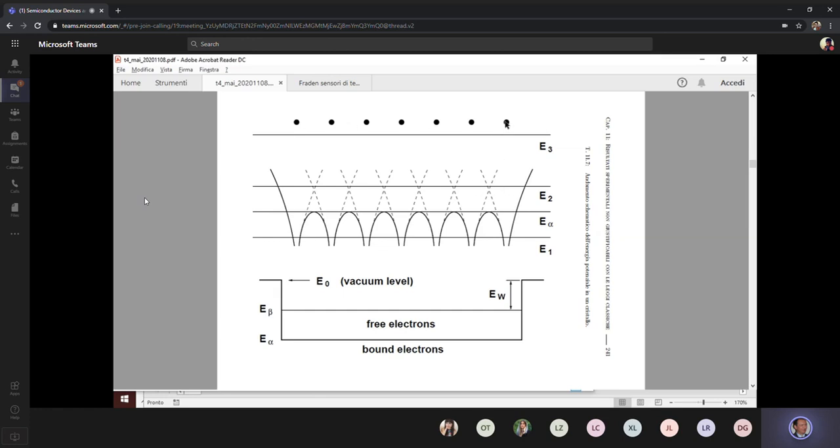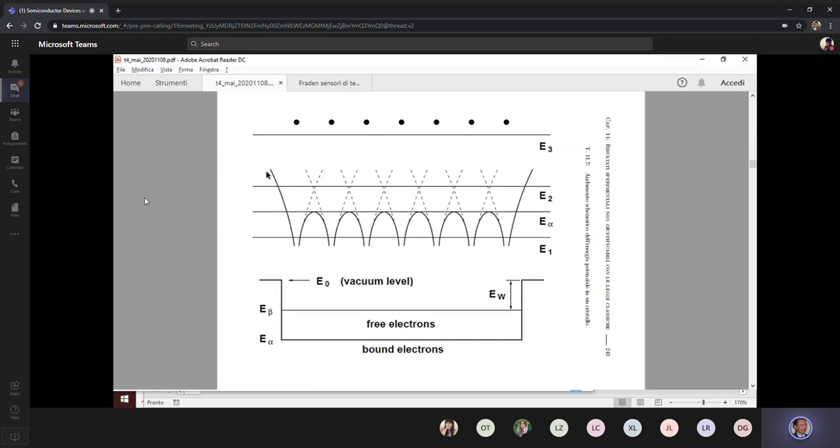So this atom will provide a barrier that is asymmetric, because the portion of the barrier on the left will sum up with that of the atom on the left, whereas the portion of the barrier on the right will not sum up to anything because there is no other atom on the right of this. And the same happens on the left side of the structure. Okay, so this is the barrier, and this on the left is also the barrier.